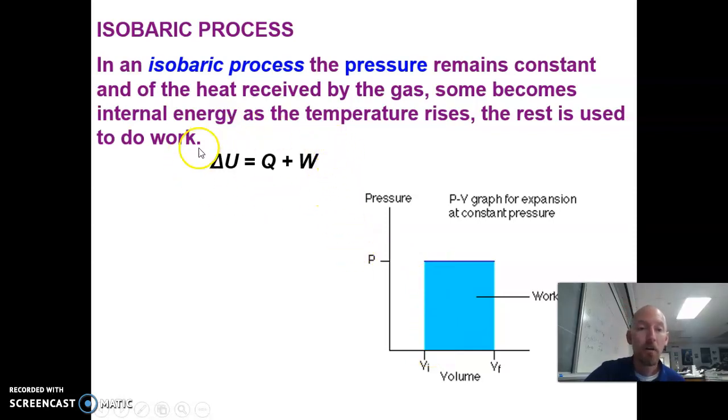We can invoke the entire first law. So an isobaric process will be a flat line somewhere on this graph, and the area under that curve is the work done. You could calculate this because it's going to be some type of a square shape, and so they may ask you to do that.